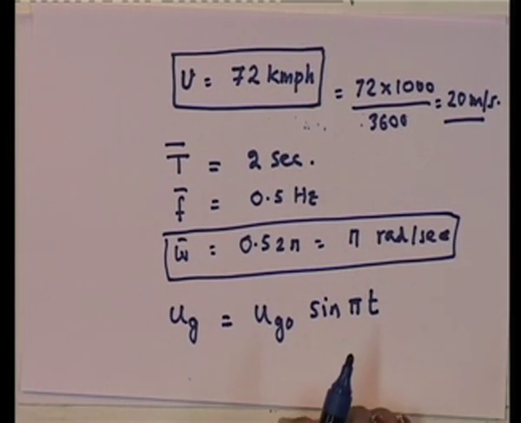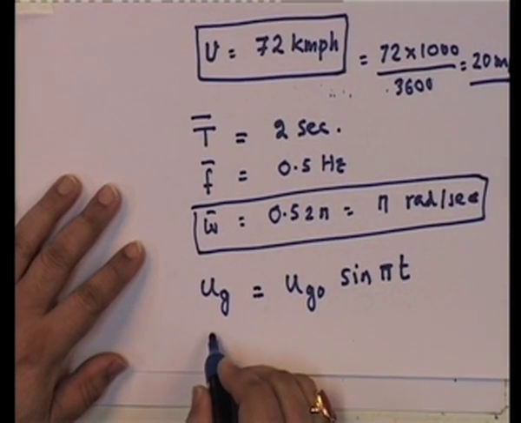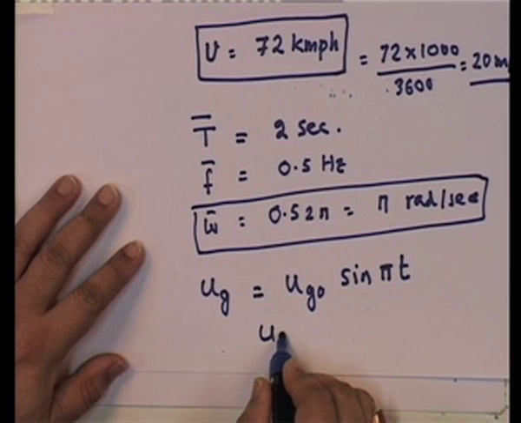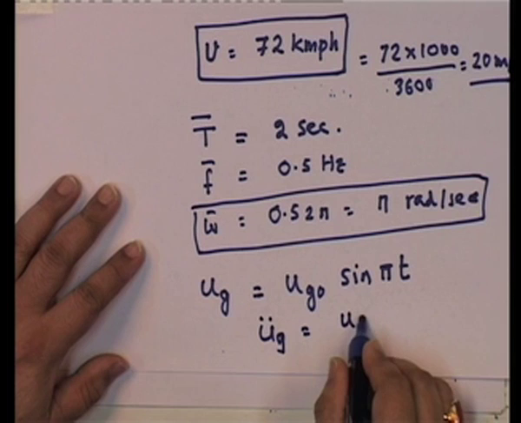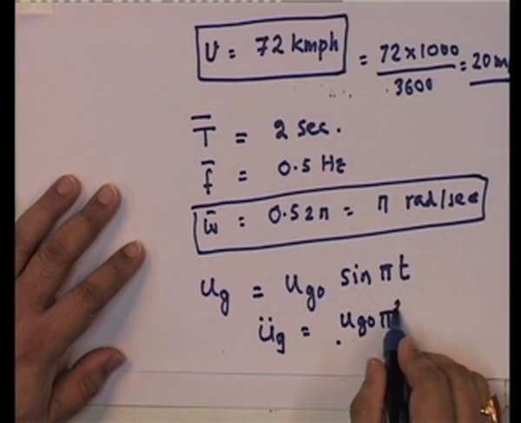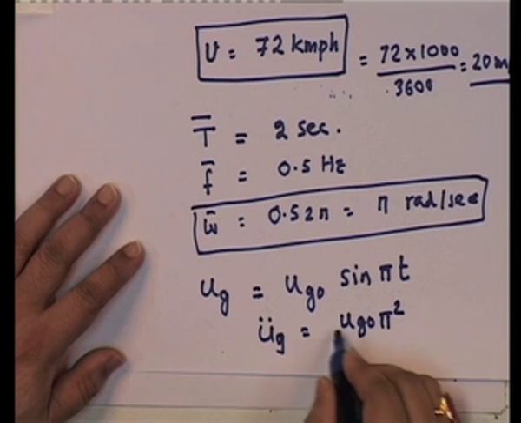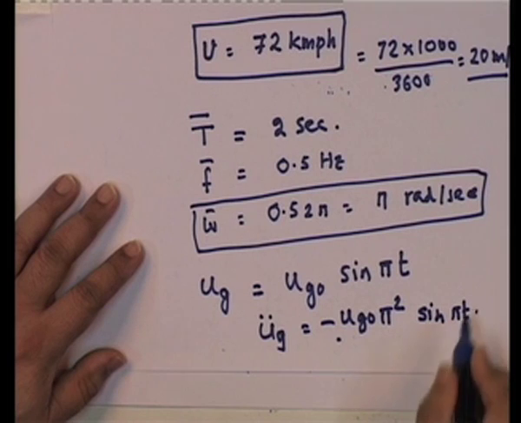Now, remember we were looking at acceleration, so I have to find out the acceleration. What is the acceleration going to be equal to? We have gone through this many times, so I am just going to write it down. It is going to be u_g0 pi squared minus sine pi t.